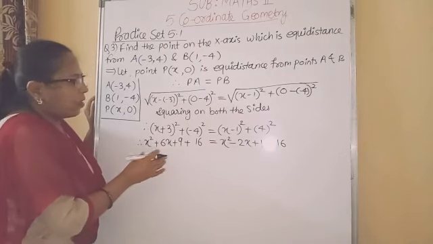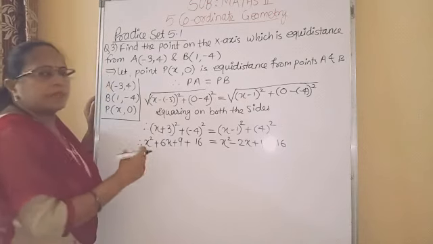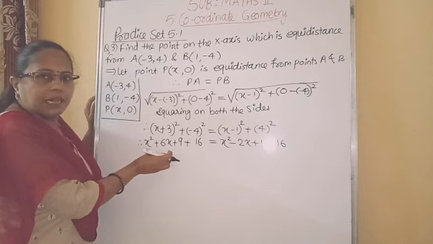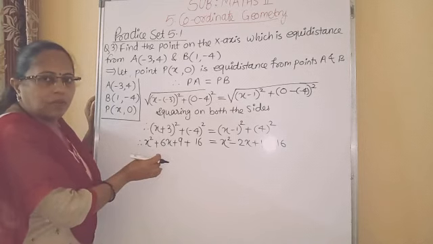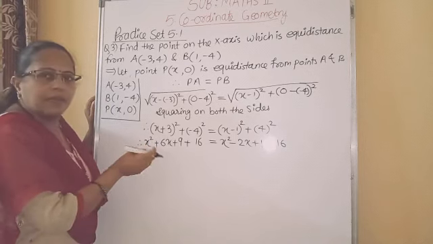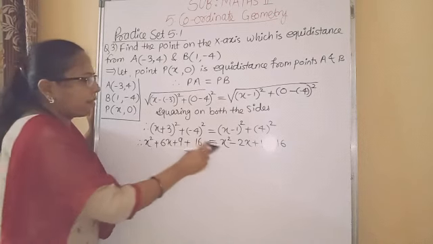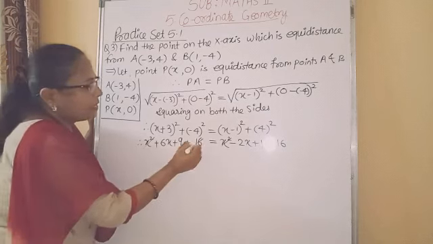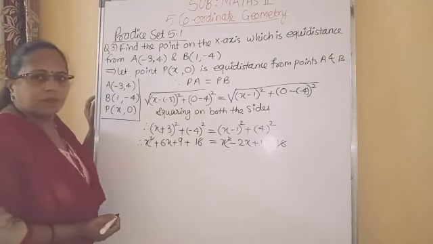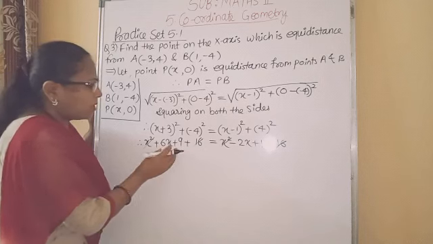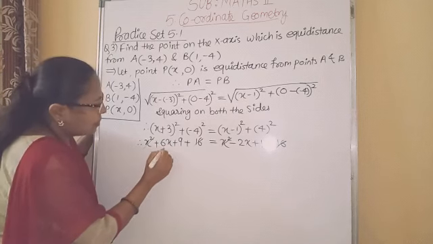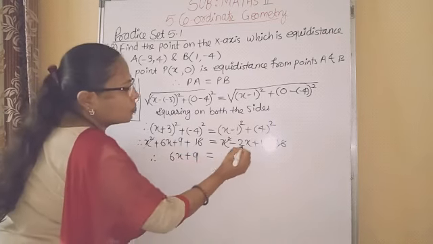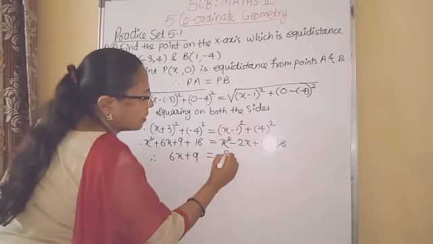Follow this? Now from both the sides the like terms get cancelled, because if you take that terms from the right hand side to left hand side, they get subtracted. So x square minus x square get cancelled. So this x square get cancelled and this 16 gets cancelled. Okay. Now we got the simple linear equation. 6x plus 9 is equal to minus 2x plus 1.